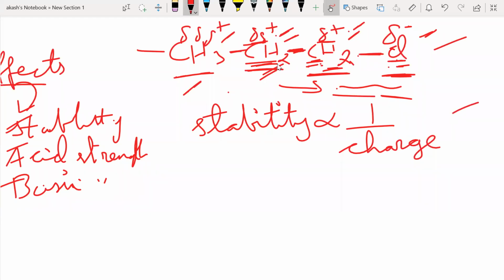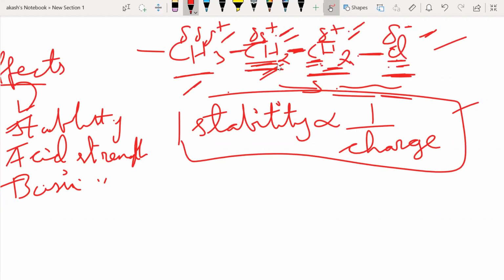Don't compare this with the statement which I told you earlier. Let me just give you an example for this, right? This you remember. So less and less is the charge, I will say more and more neutral the species is, and more and more is the stability.